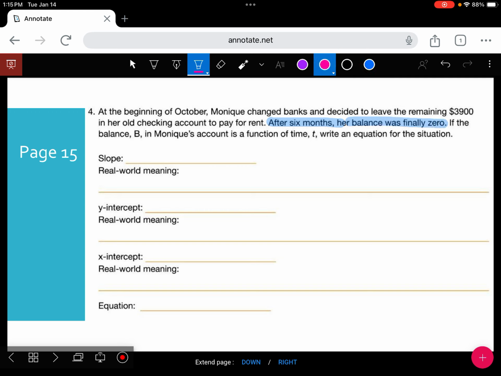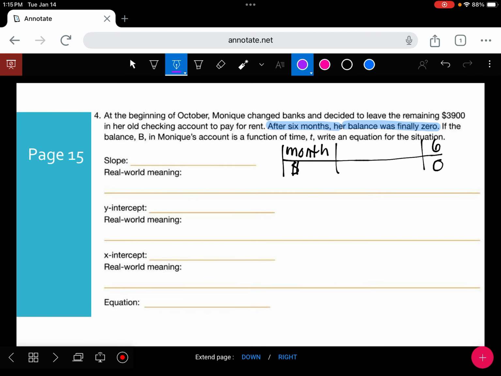Yeah, if after 6 months, so meaning her time is 6, her balance is 0. So that means if I made a table here, where we usually have our x's being months and our balance, she says at 6 months, she has no money. Whenever we have a unit of time, that's going to be our x's, and our money is going to be our y's.